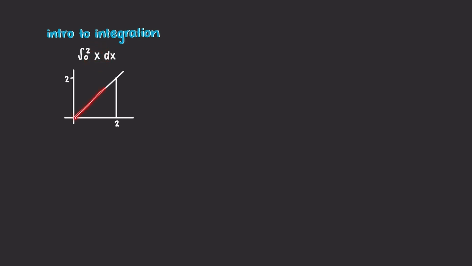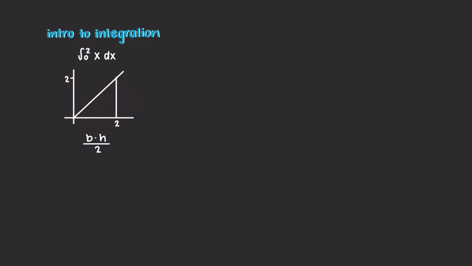So basically, if this is the function, what this antiderivative is asking you to do is find the area from 0 to 2 underneath that function, like in between that function and the x-axis. So if you notice, this makes a triangle, yeah? Where the base is 2 and the height is also 2.